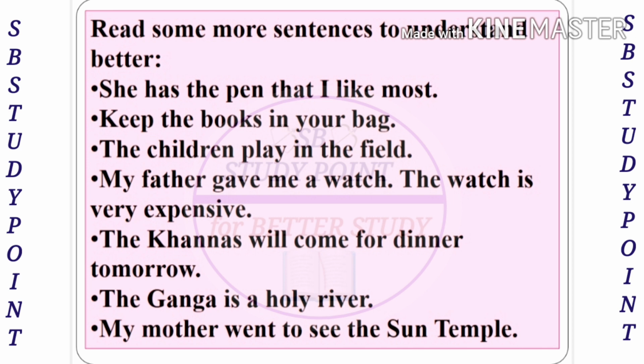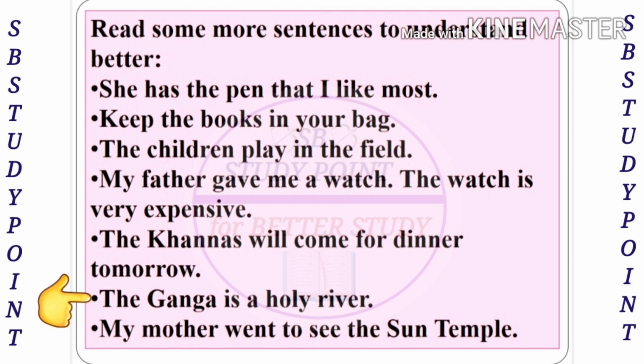Read the fifth sentence. The Khanas will come for dinner tomorrow. Here we use the before the name to specify a whole family. Now read the next sentence. The Ganga is a holy river.